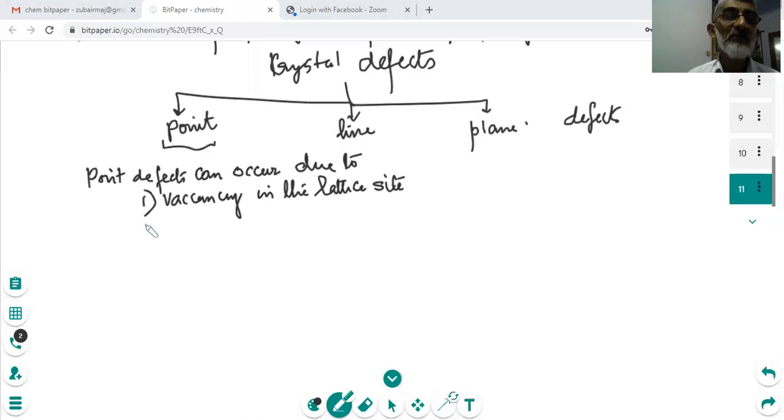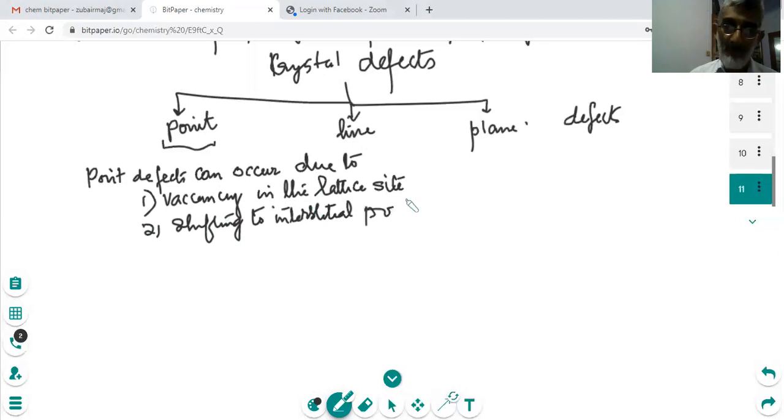Shifting of the anions or cations to interstitial positions.